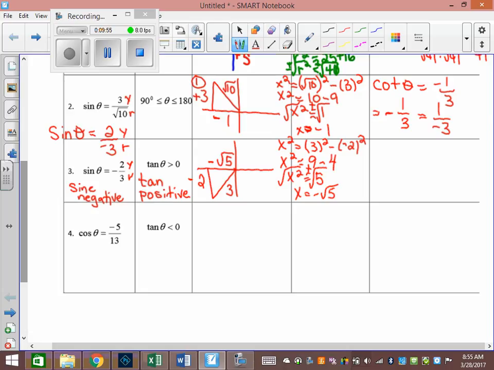One where x is on the bottom. Why? Then you have to rationalize the denominator. So what option do I want? I could give you tan, because that's y over x, or I could give you secant, because that's r over x, because secant is the opposite of cos, right? So I'm going to do secant.